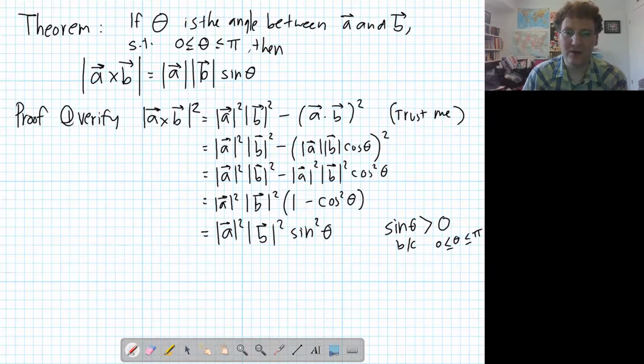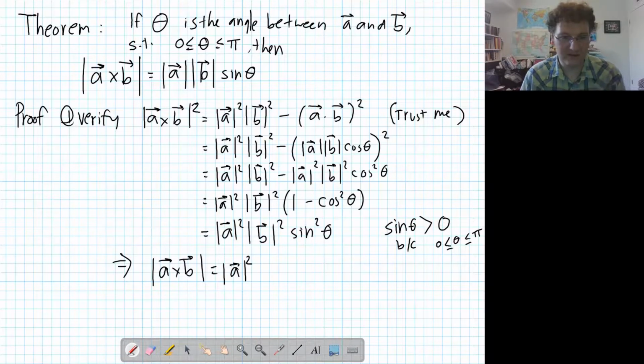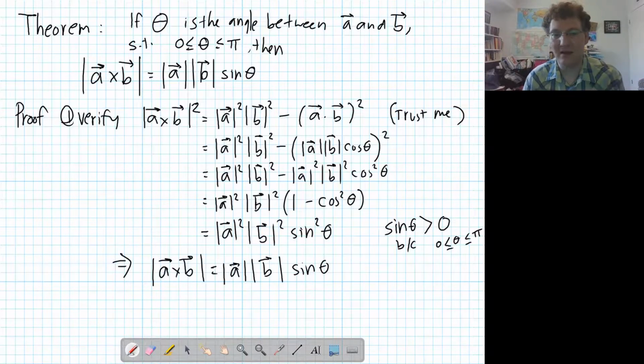So we can now take a square root of both sides and state our theorem result. That wouldn't necessarily be true if the sine was negative, but for all these angles the sine is always going to be positive.